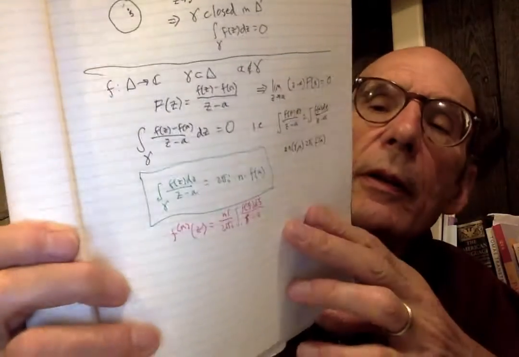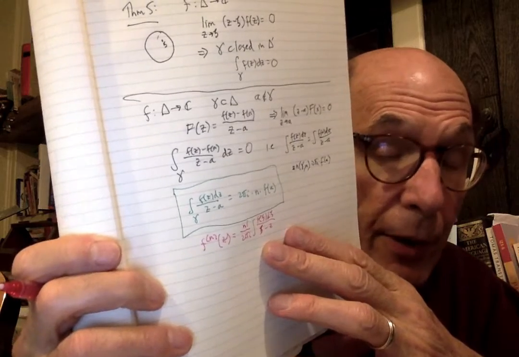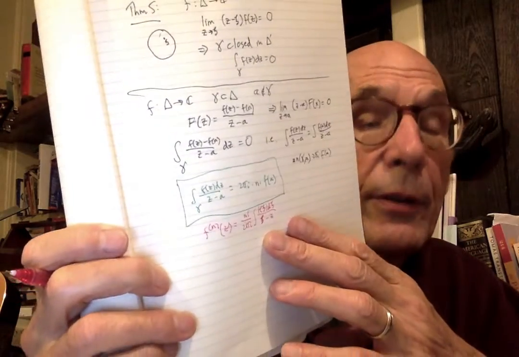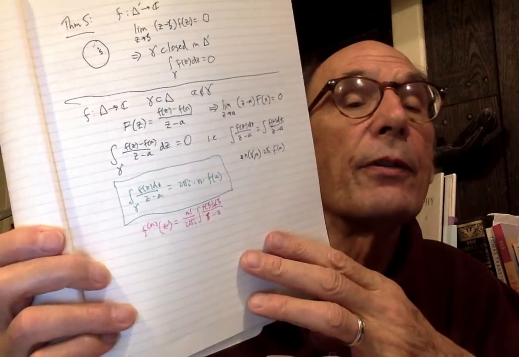And then the integral is, for some reason we're changing notation, but it's still a fraction: top is f of zeta d zeta, and the bottom is zeta minus z. Sorry, I made an ugly zeta, but there it is. So this tells us not just the function f, but the derivative of the function f and the second derivative and so forth and so on.